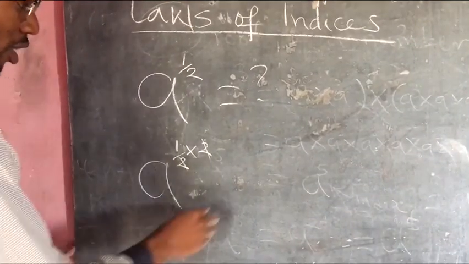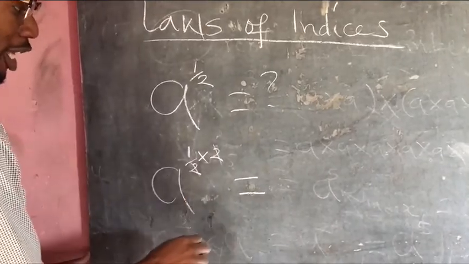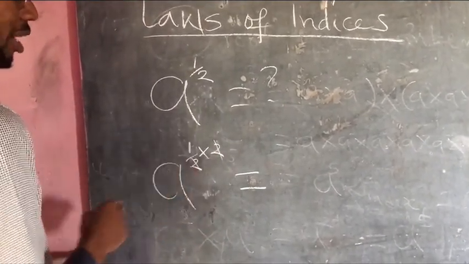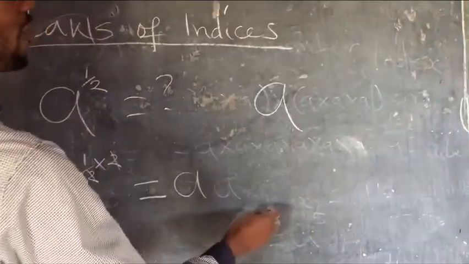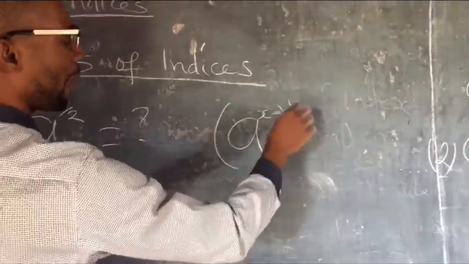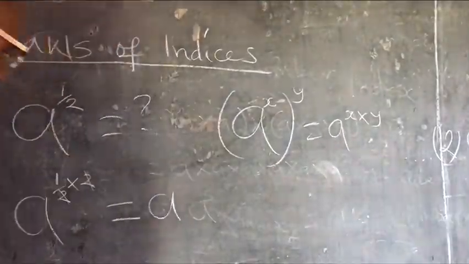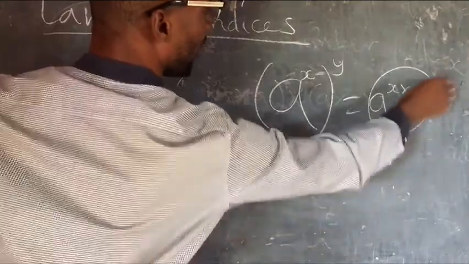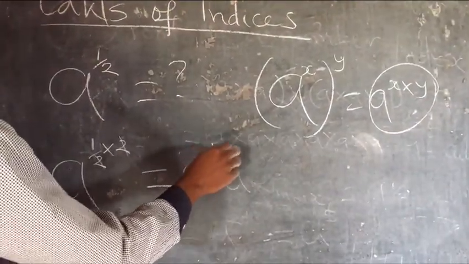Now, what can I do from here? I raise this number to power 2. Remember our law of multiplication: if we have a number raised to a power and we want to raise it to another power, we multiply the powers. So I just multiply the powers here.